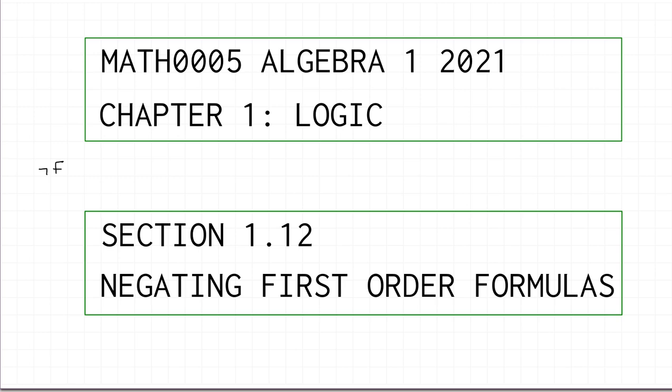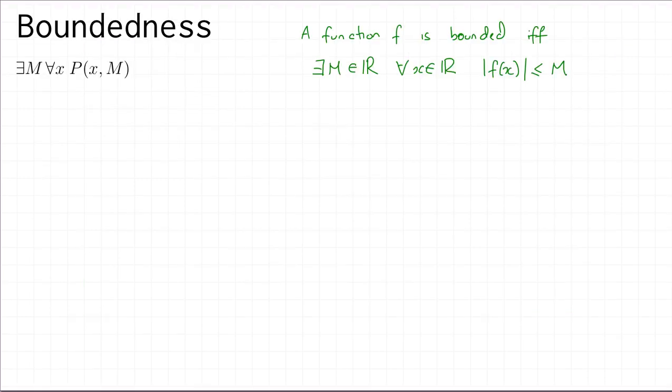So the two logical equivalences I'm talking about are, first of all, that the negation of for all x p of x is logically equivalent to there exists x not p of x, and the negation of exists x p of x is logically equivalent to for all x not p of x. So let's see this in some specific examples.